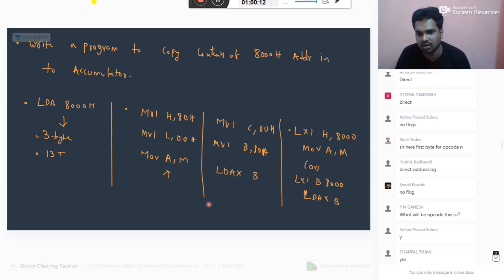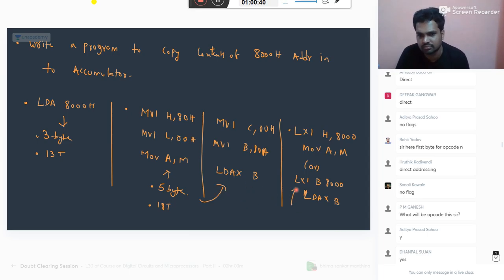The format is MOV A comma R1 comma R2. Here, 7 states and 4 states. Total time: 2 bytes, 1 byte, 3 bytes, and 7 states, 7 plus 7, 14, 14 plus 4, 18 T states. Here also the same.